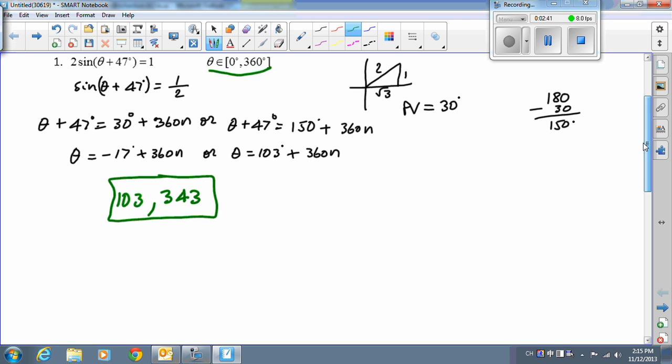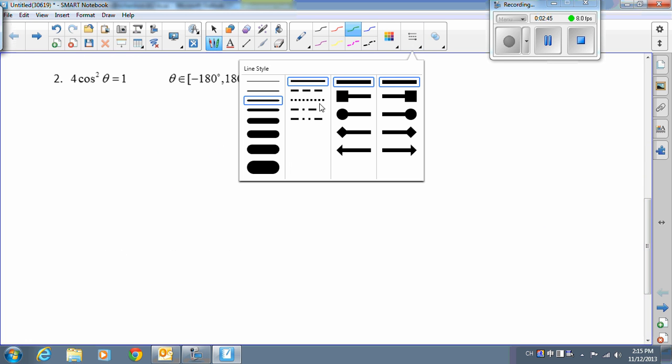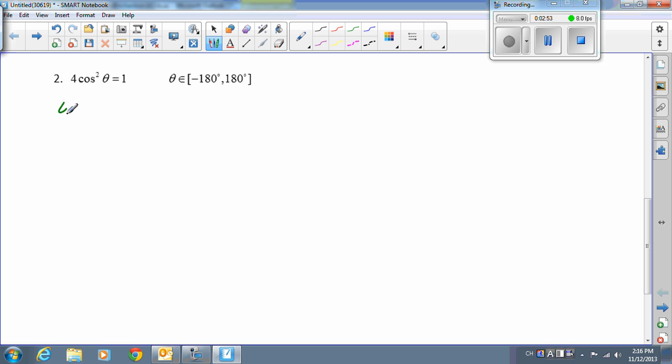Let's look at the second one. For the second one, we start with 4 times the cosine squared of theta is equal to 1. If I want to rewrite this one, I will say cosine squared of theta is equal to 1 over 4.